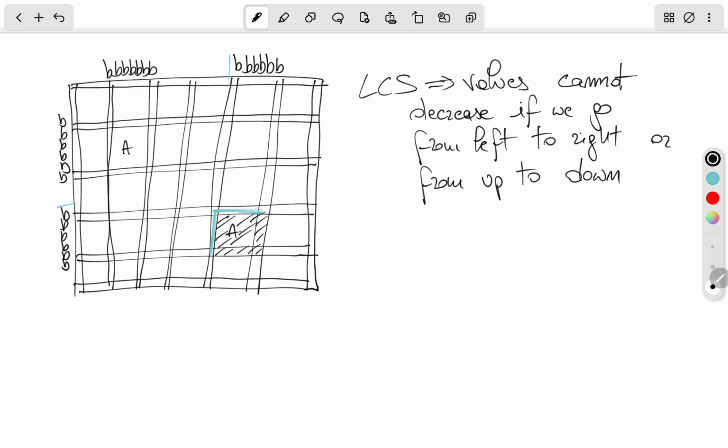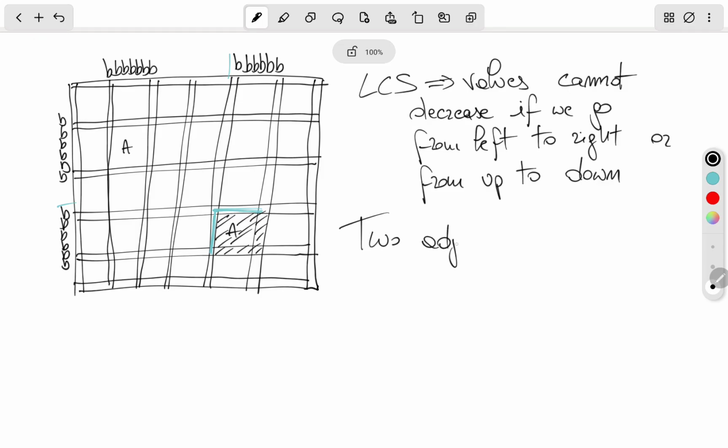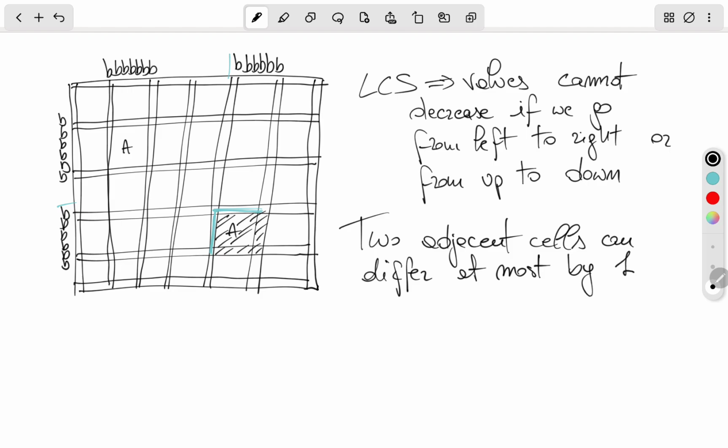How much can they increase? Let's say two adjacent cells can differ at most by 1.